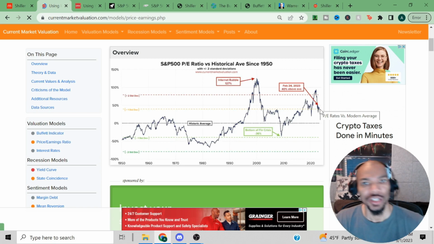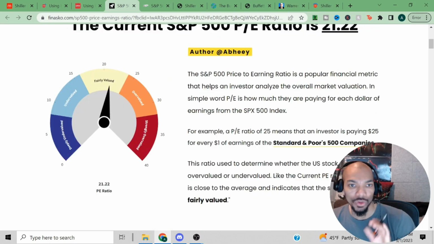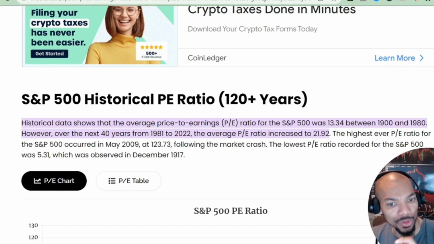So if we look at another particular site, which I think does a better job of looking at everything overall, they look at the PE average over the past 40 years, and they got 21.92. They also mention historic levels: if you base it off 1900 to 1980, 13.34.